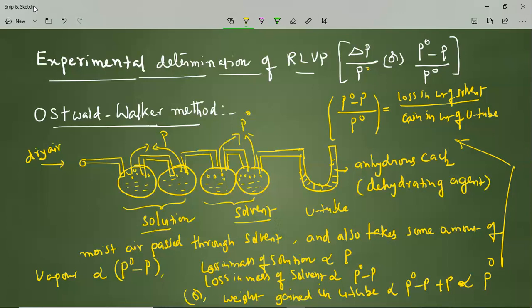So in this experiment, the vapor pressure is developed and is equal to the mass of U tube gain. This will be the mathematical expression to find the relative lowering of vapor pressure.